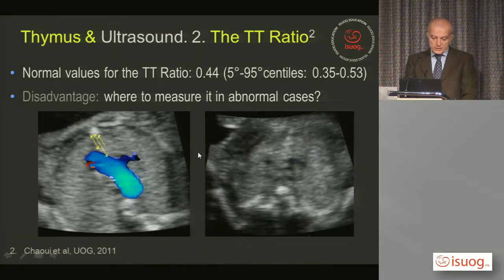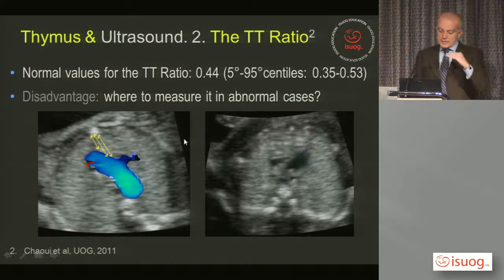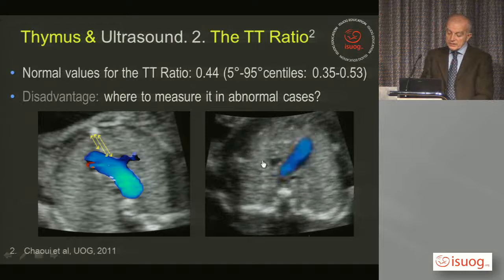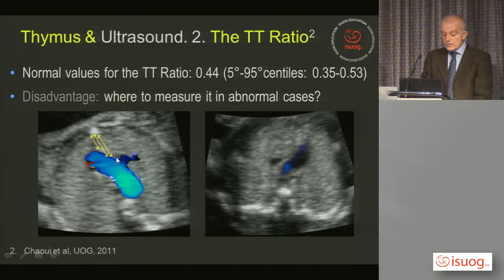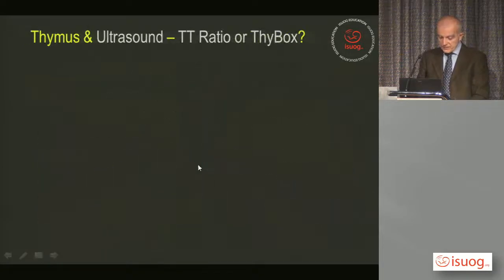Here, here, here. So these two factors, probably an ill-defined level of where to take the TT ratio in Bataeva's papers, and also a clear difficulty of where to stop the measurement in case of abnormal upper mediastinal anatomy, are the reason why the results of the two papers are slightly different.